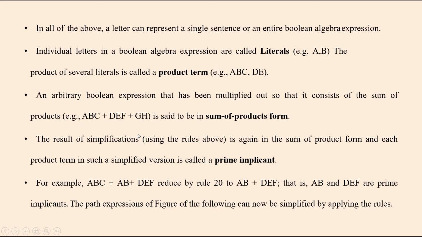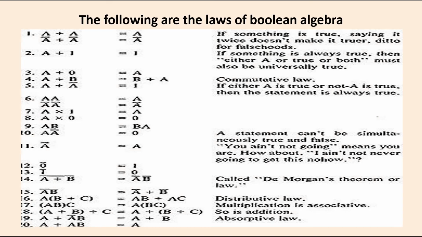The result of simplification using the rules above gives a sum of products form, with each product term simplified as a prime implicant. So what are the prime implicants here? For example, ABC plus AB plus DEF. We reduce it to AB plus DEF. That means we reduced ABC plus AB by using the absorption law, rule number 20 here.